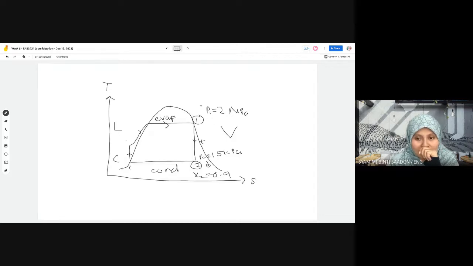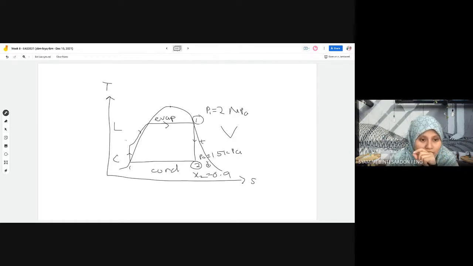This region is what we call superheated vapor. So we are going to use table A6, superheated vapor, to get the enthalpy H1.